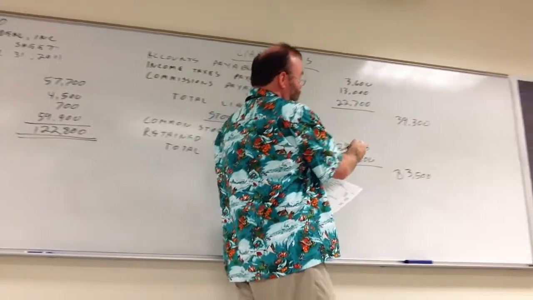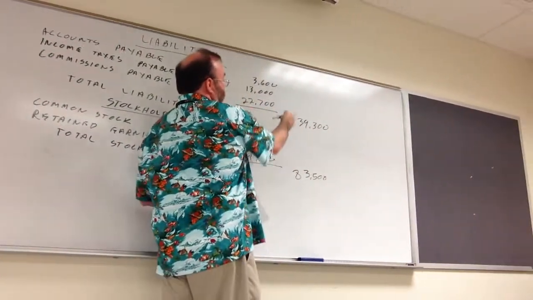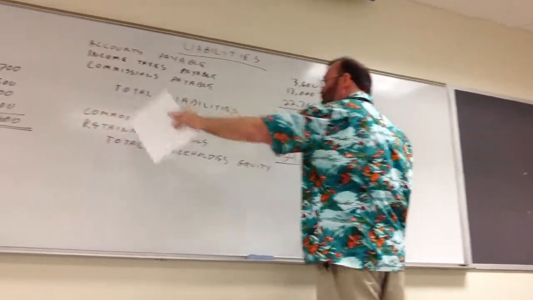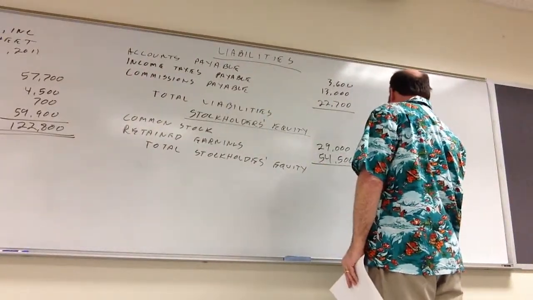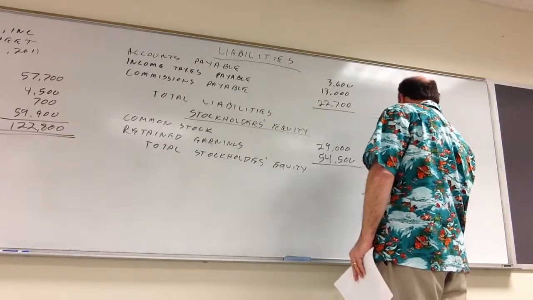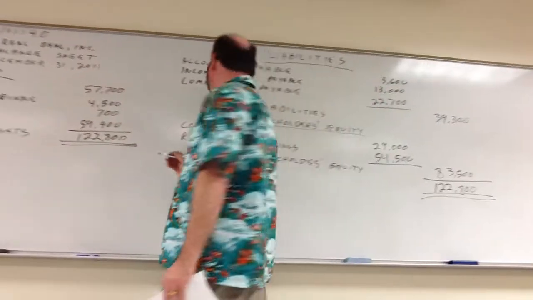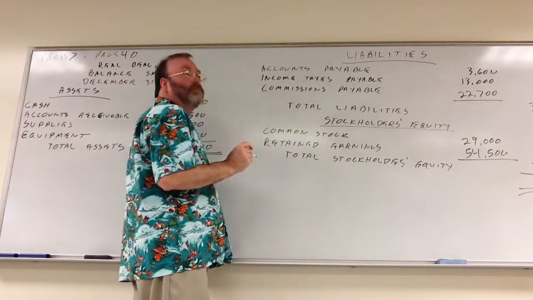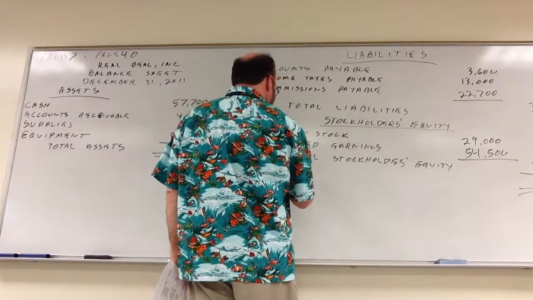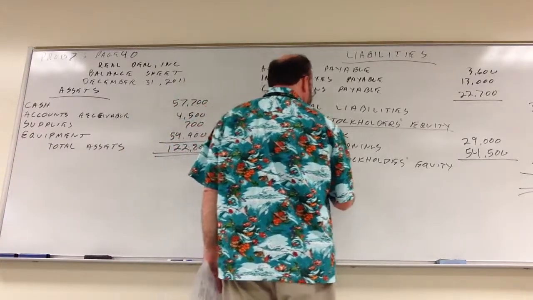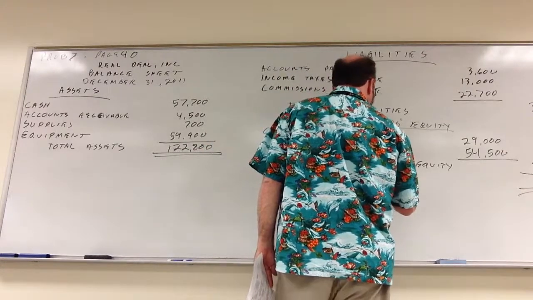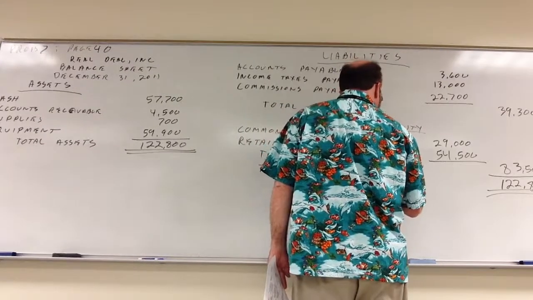Add the total stockholders' equity of $83,500 to the total liabilities of $39,300, and magically, once again, you get the same total that we had for assets, $122,800, and that's total liabilities and stockholders' equity.